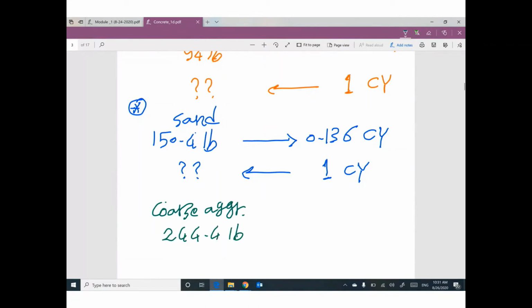This amount of coarse aggregate produced 0.136 cubic yard of concrete. If I'm looking for 1 cubic yard of concrete, how much in pound coarse aggregate? I can figure out how much aggregate.